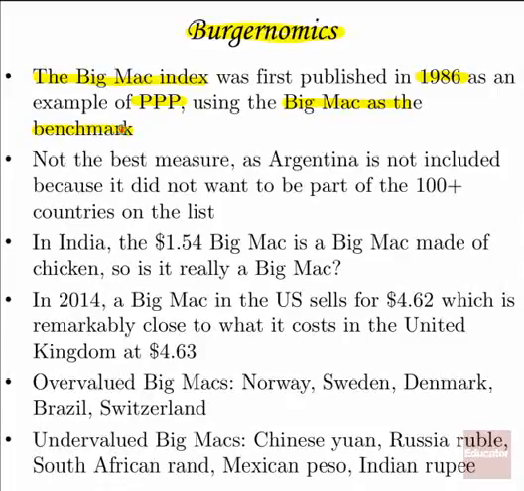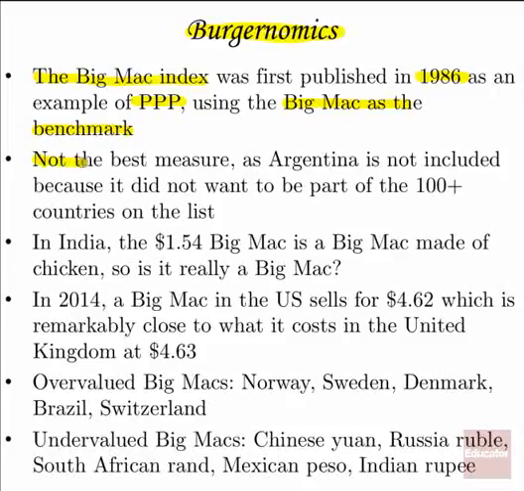At the time, it may have seemed to be created in jest, but over the years, every January The Economist comes out with numbers on how much an average Big Mac costs in over 100 countries.